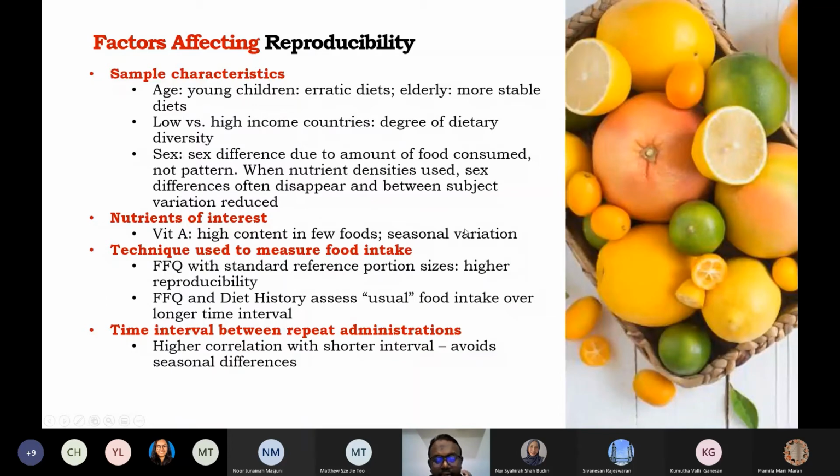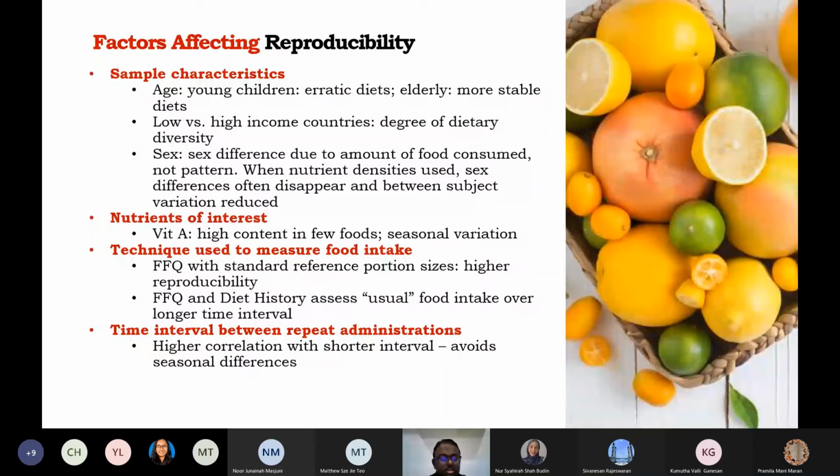It really depends on seasonal variation. Technique used to measure food intake is also a factor affecting reproducibility. FFQ, which sets standard reference portion sizes, has higher reproducibility, whereas FFQ and diet history, which assess usual food intake over a longer time interval, might have lower reproducibility.